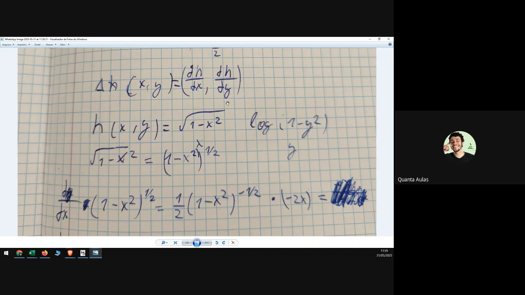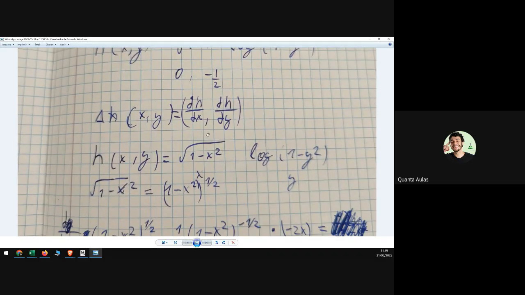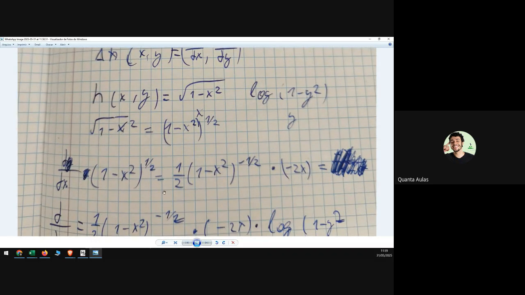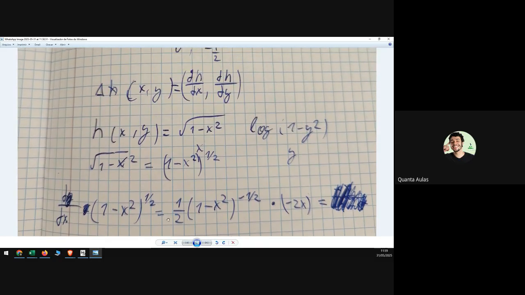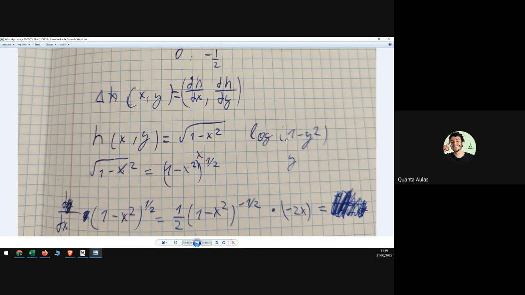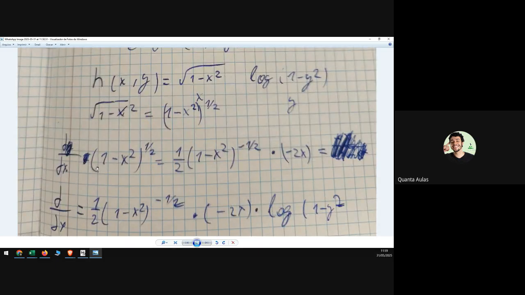Let me see. Okay. But that is a constant in the x derivation, right? So you need to multiply all these things by this.